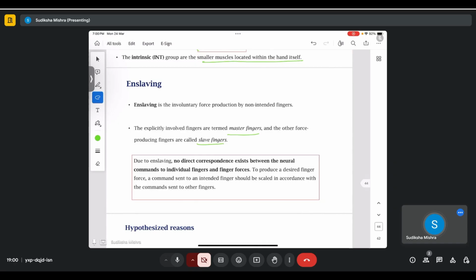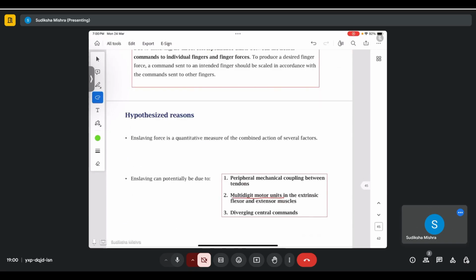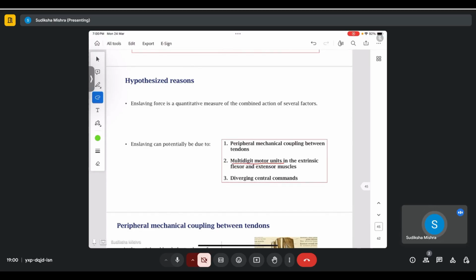Due to this enslaving, there is no direct correspondence that exists between the neural commands to the individual fingers and the forces produced by these fingers, and therefore the scaling should take into account the command mistakenly sent to the other fingers.